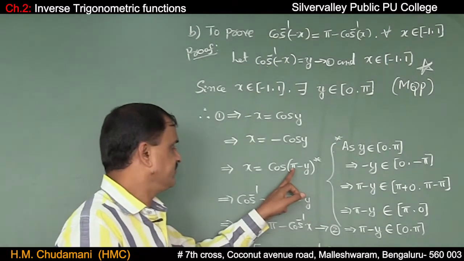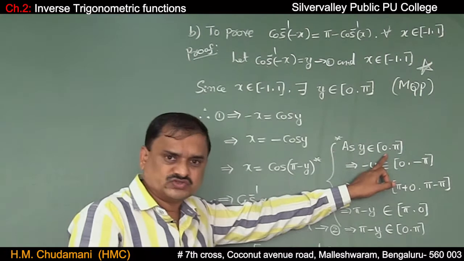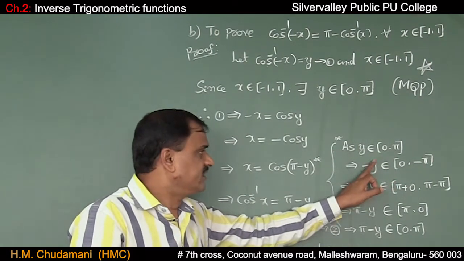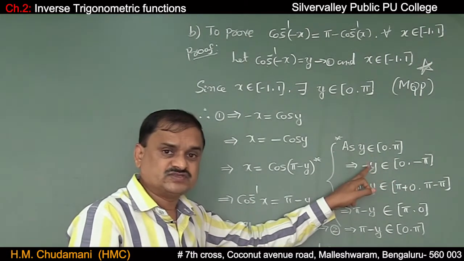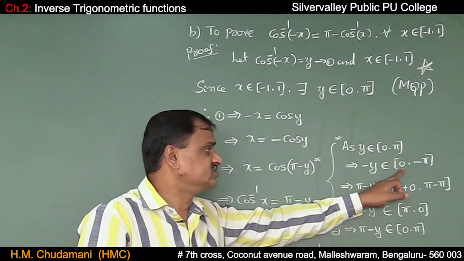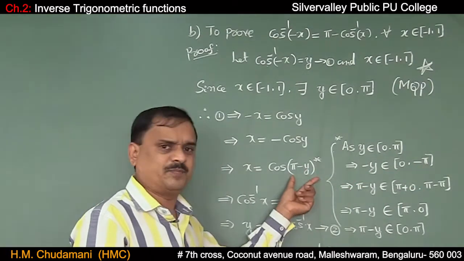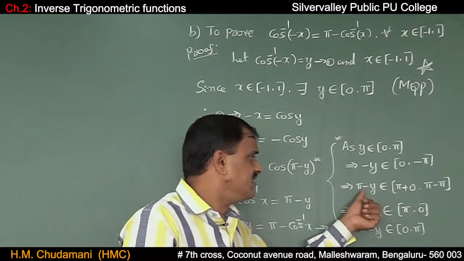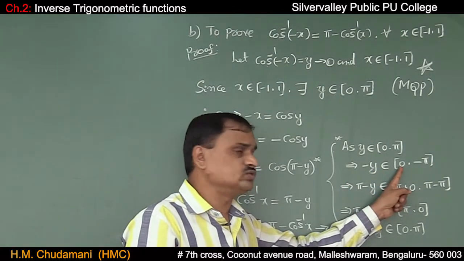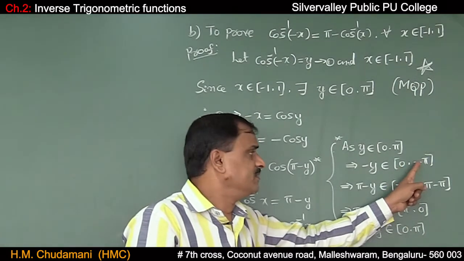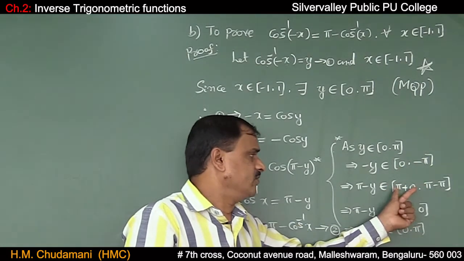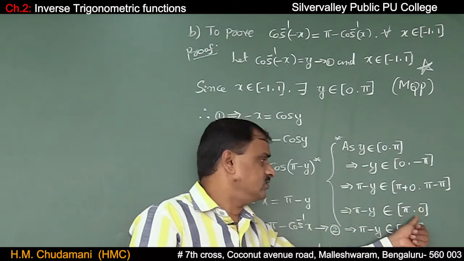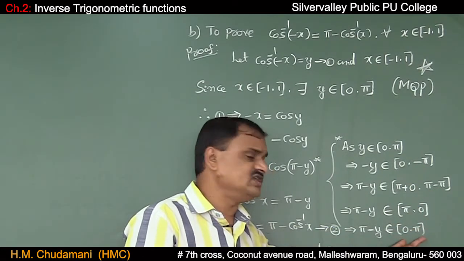Let me verify. See, y belongs to 0 comma pi. Multiply with minus, so minus y belongs to 0 comma minus pi. I want pi minus y, you know, so I just add pi. So pi minus y belongs to 0 plus pi, pi minus pi, so pi comma 0. Pi comma 0 is the same as 0 comma pi.